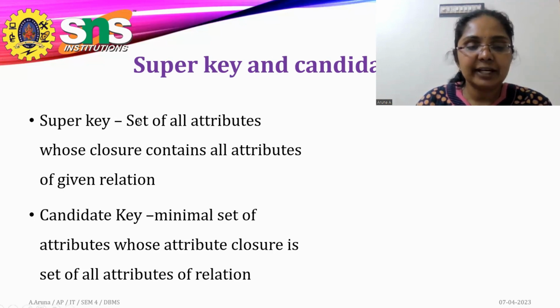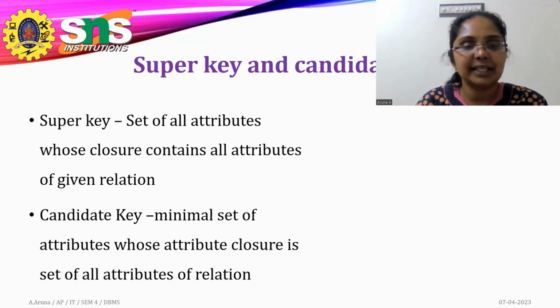For example, if a relation contains A, B, C, D, and E, and all the attributes are present in the closure set, it can be called a super key. My relation is A, B, C, D, and E, totally 5 attributes. If I calculate A plus, the closure of attribute A, and all these 5 attributes are present in the closure set, then we can call it a super key.